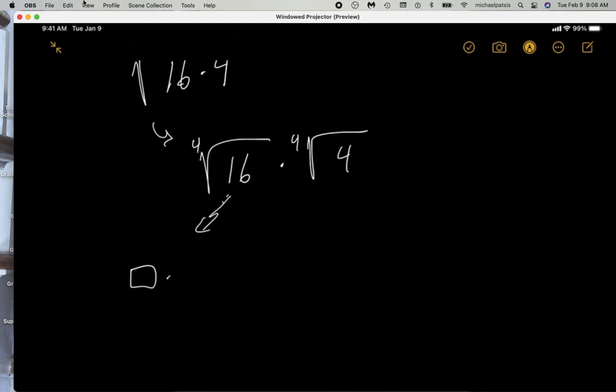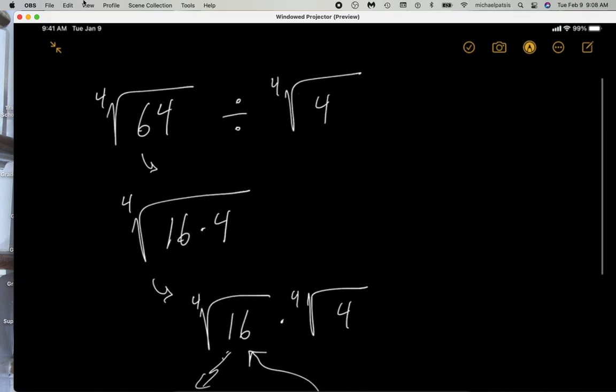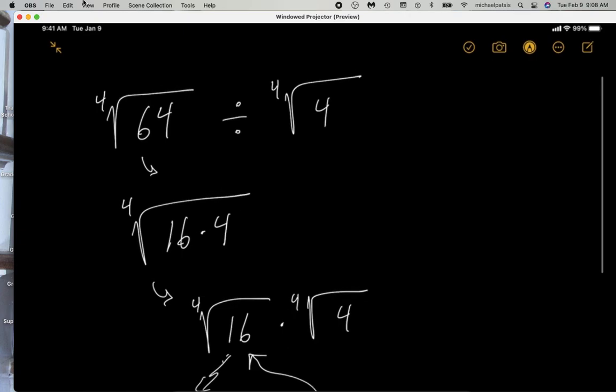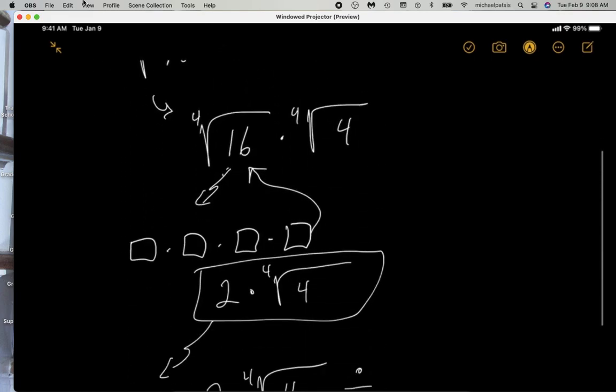What number times itself 4 times is going to get you the radicand? And the answer is none other than 2. So this becomes 2 times the fourth root of 4. So our problem initially was 2 times the fourth root of 64 divided by the fourth root of 4. So now this becomes 2 times the fourth root of 4 divided by the fourth root of 4.